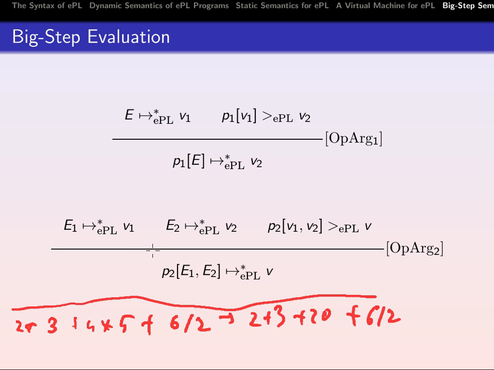I should write 4 times 5 arrow 20. You might think, is that enough? No, it's not enough, right? What should I write? Louder.